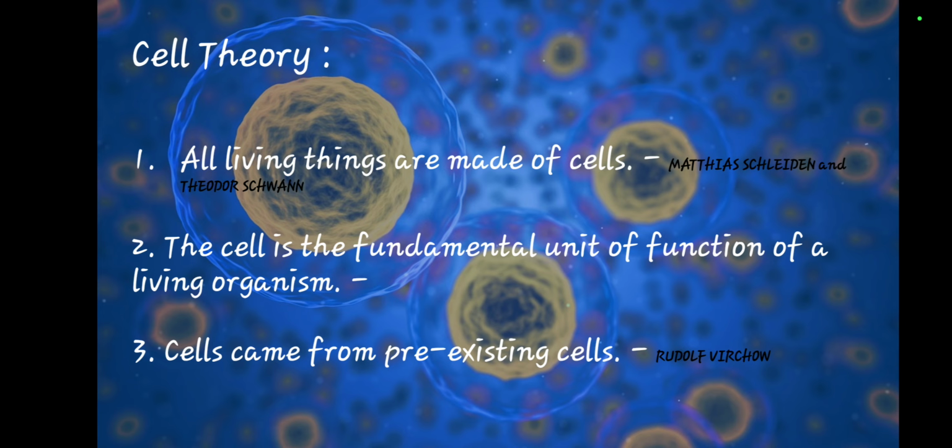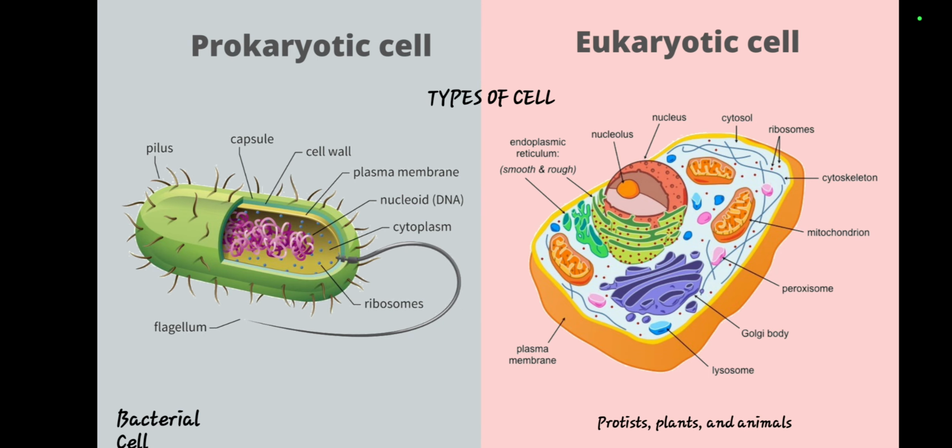Number three, that cells come from pre-existing cells, is very important to know, because all of our cells, that's why we have trillions of cells. We divided into trillions of cells because of this. Right? From one cell to another, from a pre-existing cell to a newborn cell, it's like that. So it was stated by Rudolf Virchow. Let's proceed.